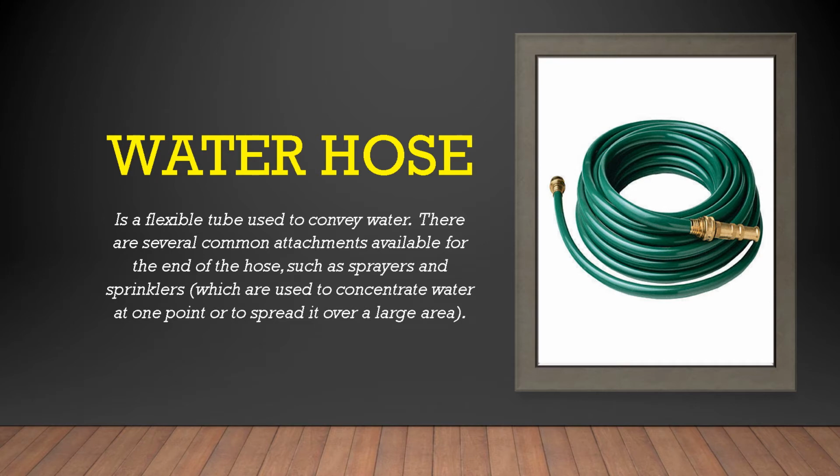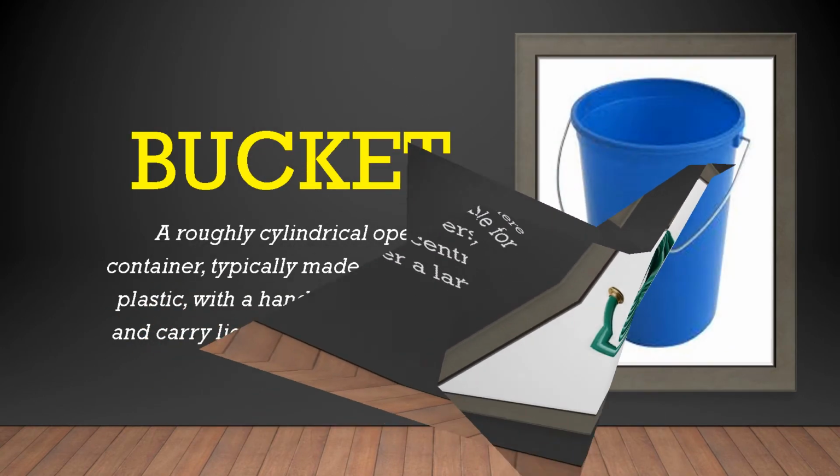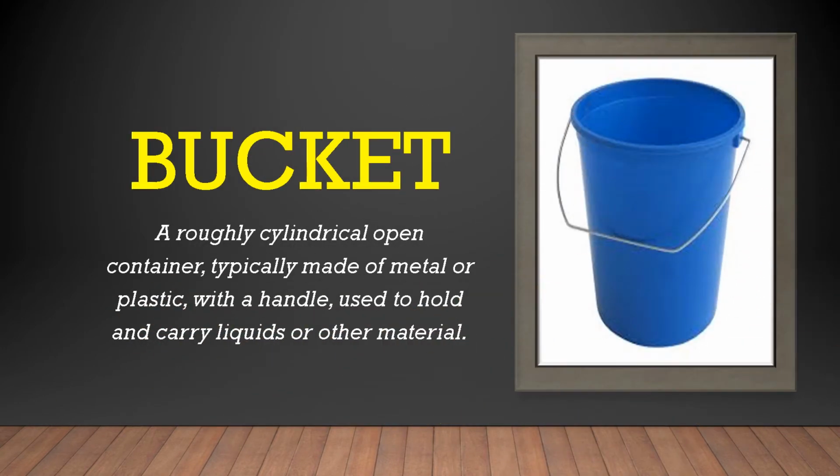Next is the bucket or pail, a roughly cylindrical open container, typically made of metal or plastic with a handle. It is used to hold and carry liquids or other material. We also need to use the dipper or tabo for cleaning as well.